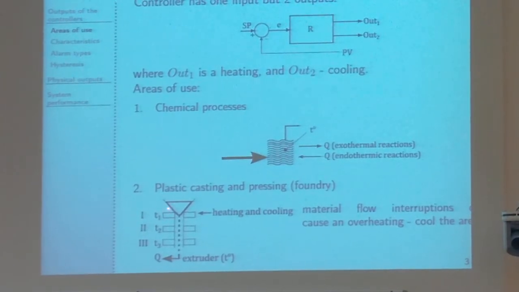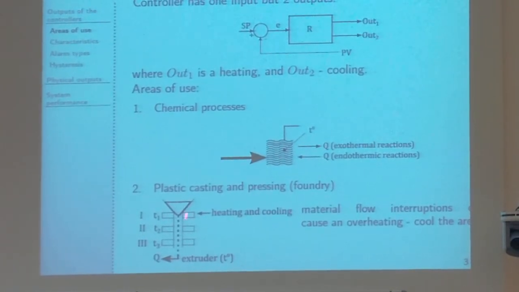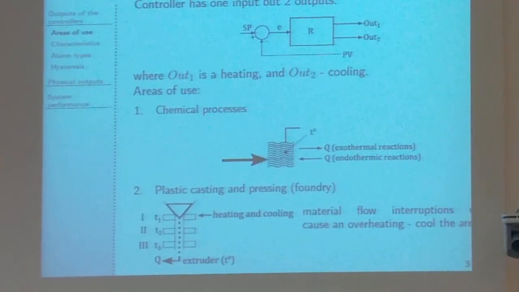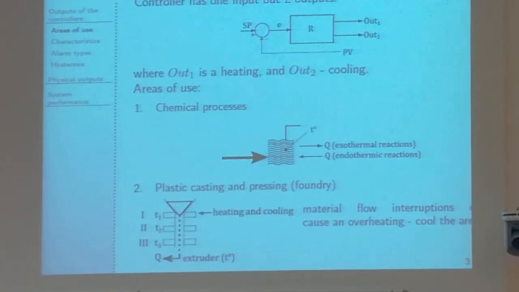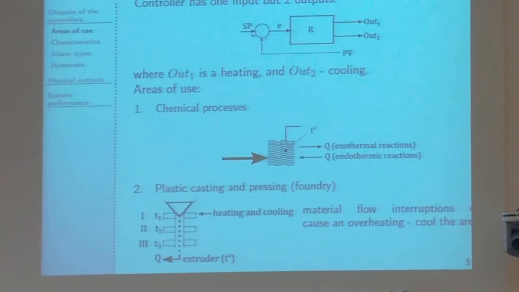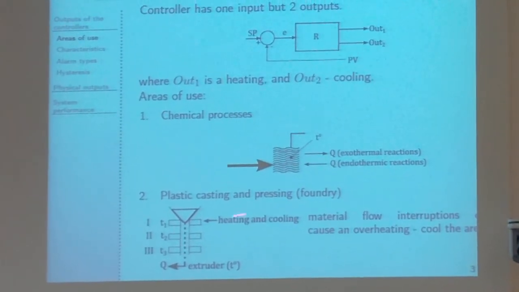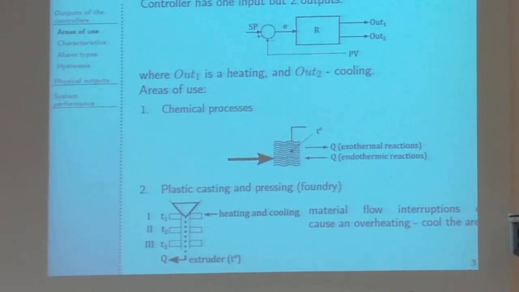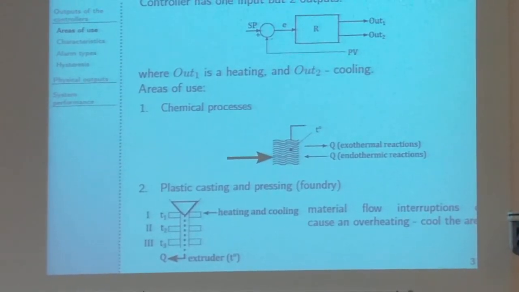But sometimes we can have interactions here. So then there is no material inside the pipe, and we are still heating it. So we can have overheating. And those areas can be cooled by the same controller if we have information about that process.